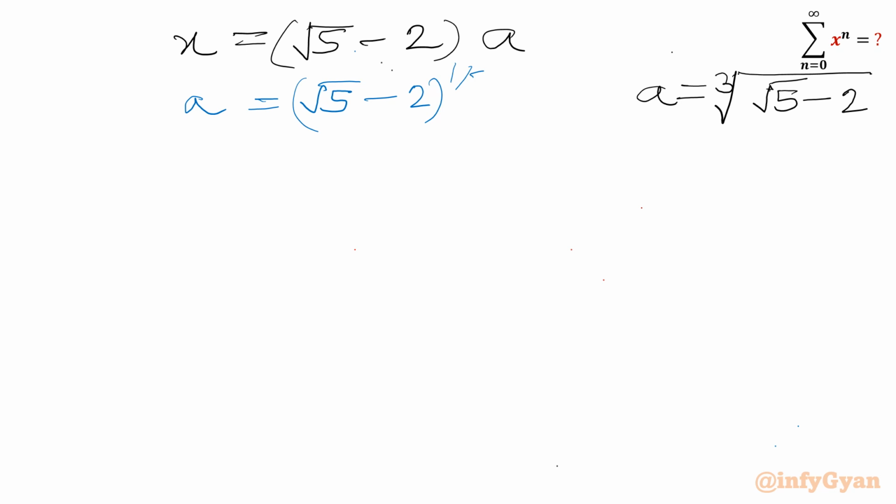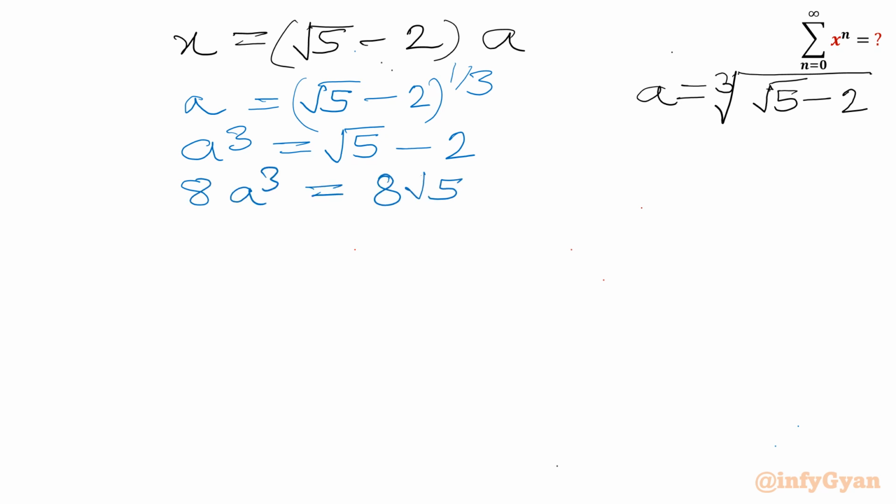Consider cubing both sides. a cube will be equal to √5 − 2. Now I will use Simon's favorite factoring trick. Multiply both sides by 8. So 8a cube will be equal to 8√5 − 16. Left hand side it is (2a) whole cube.